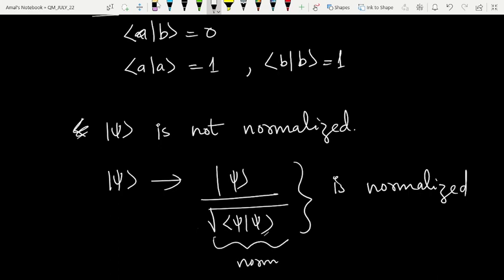This process is known as normalization, and it is an important process.